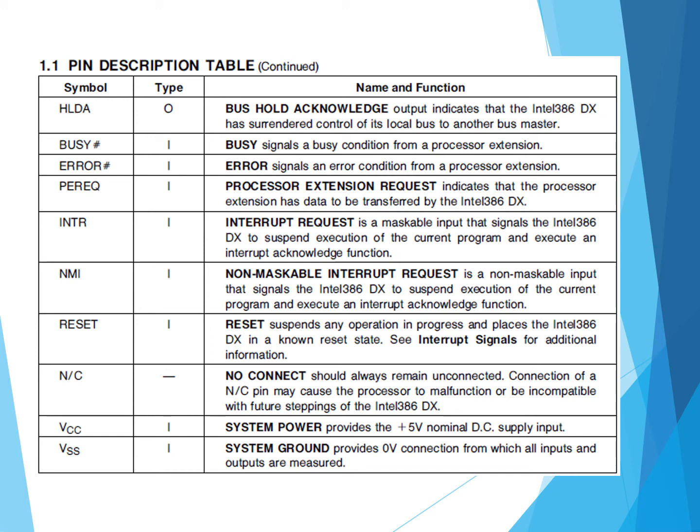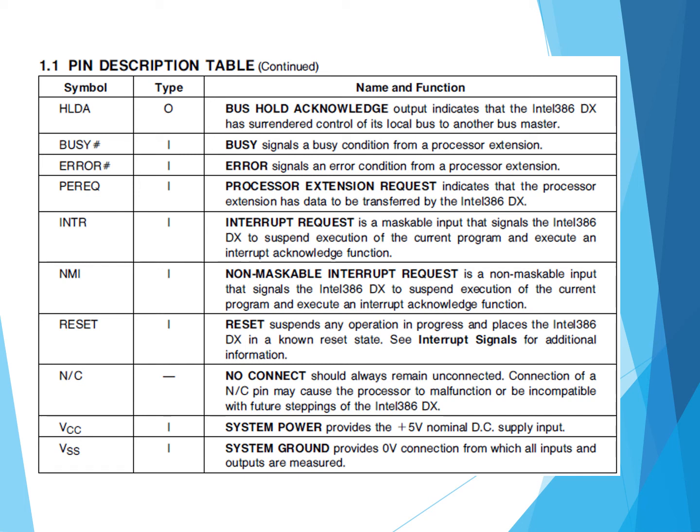INTR is an interrupt request which is maskable. It indicates to the 80386DX to suspend execution of the current program and execute an interrupt acknowledge function. Next is the non-maskable interrupt request, NMI. It is an input signal that is used to suspend execution of the current program and execute an interrupt acknowledge function.